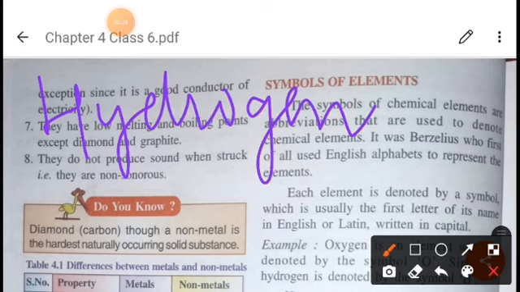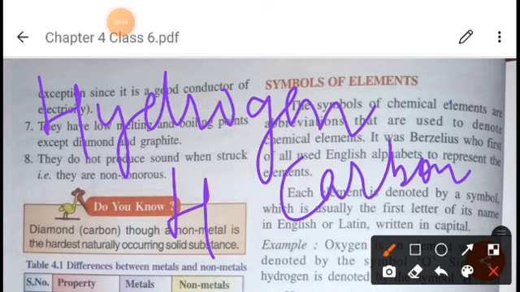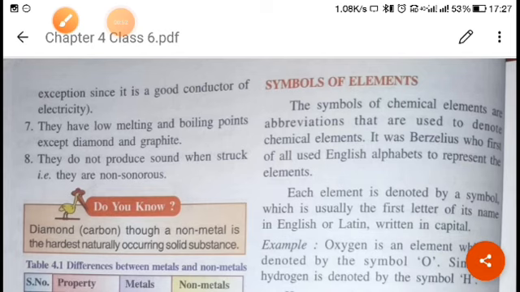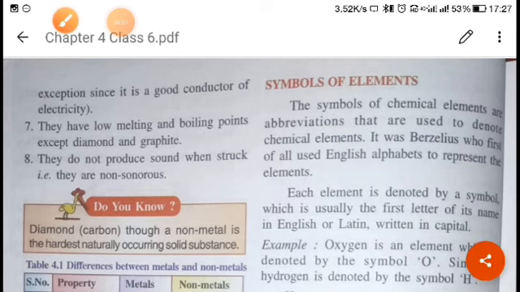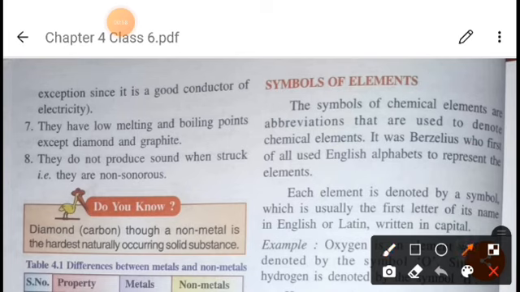We give hydrogen the symbol H. In the same way, for carbon, we give the symbol C. This is called a symbol. The symbol of a chemical element is an abbreviation used to denote the chemical element.